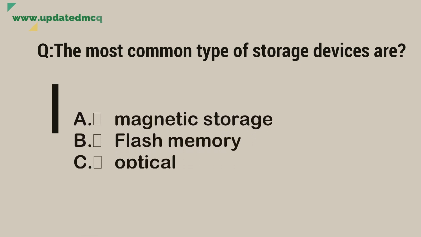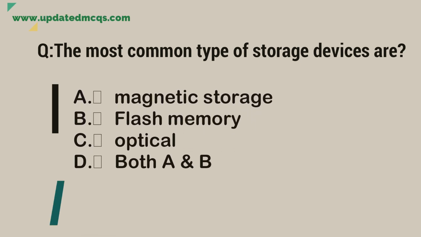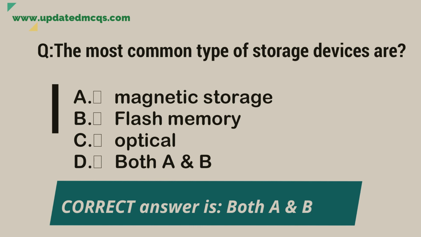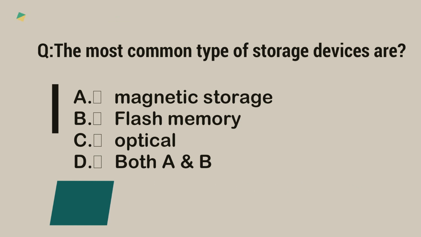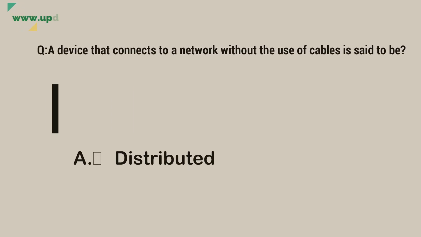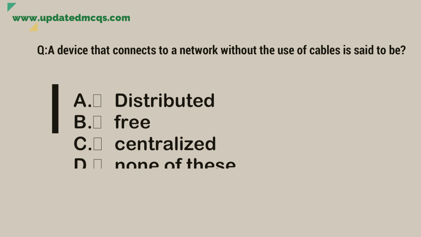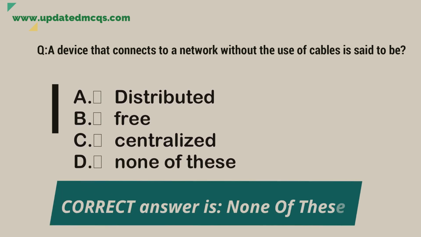The most common type of storage devices are both A and B, magnetic storage and flash memory. A device that connects to a network without the use of cables is said to be none of these.